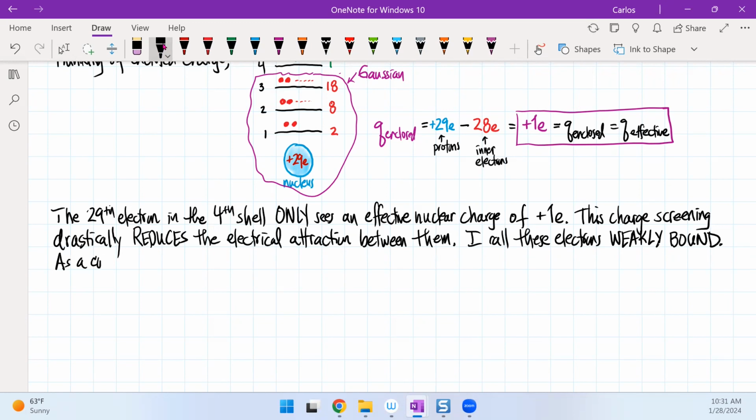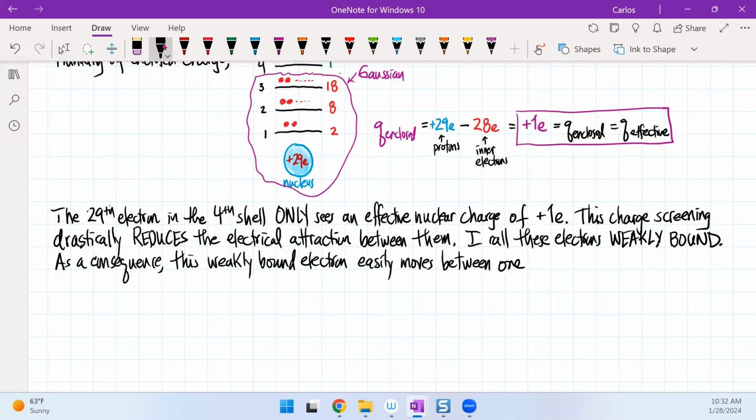As a consequence, this weakly bound electron easily moves at room temperature between one copper atom to another.